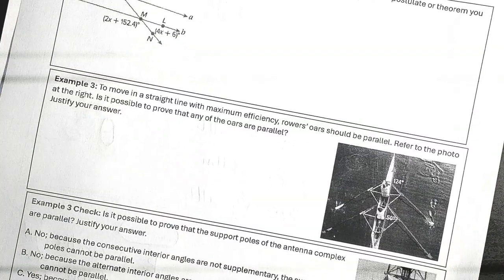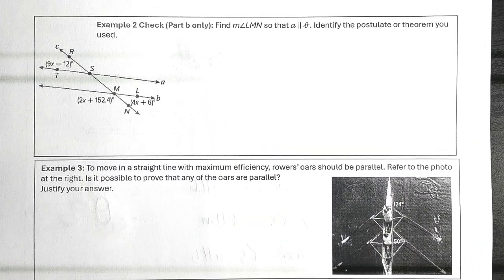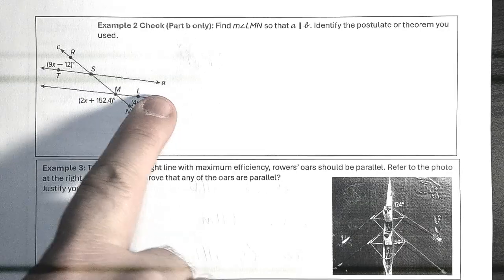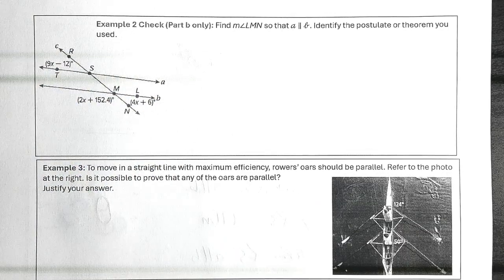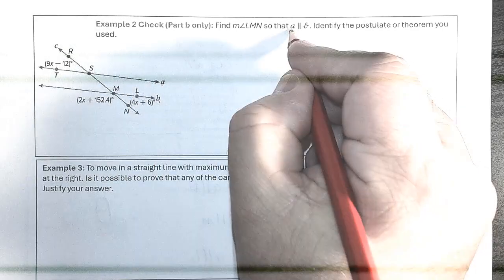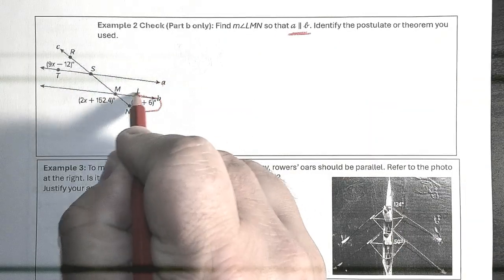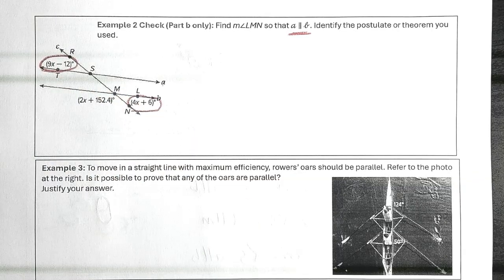All right, we got an example 2 check. So notice this straight line. So we have two ways of solving this. What we did in class was, if A and B are parallel, notice this angle and this angle are your alternate exterior angles.